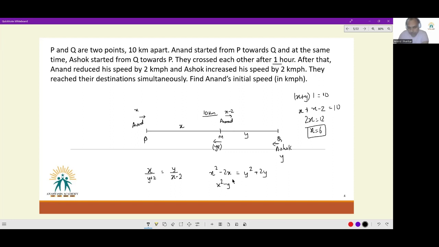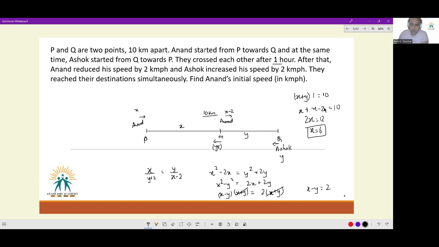X squared minus Y squared equals 2X plus 2Y, or X minus Y into X plus Y is equal to 2 times X plus Y. So X plus Y gets cancelled. This gives us X minus Y is equal to 2.